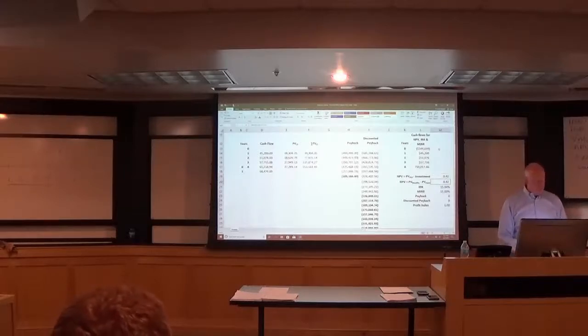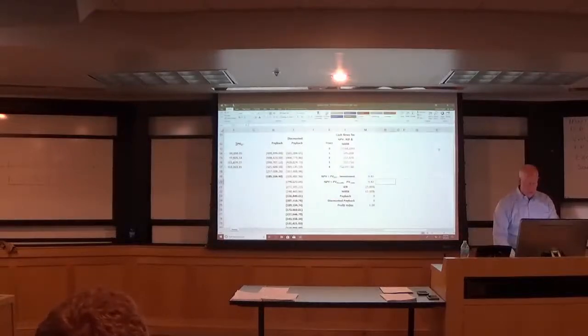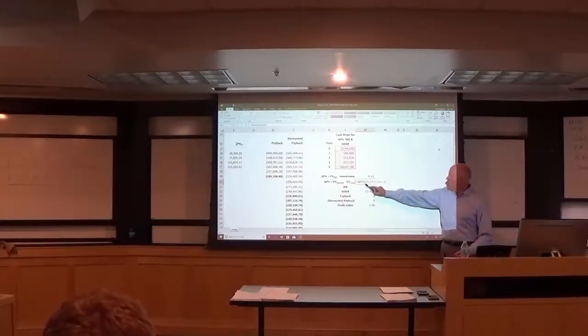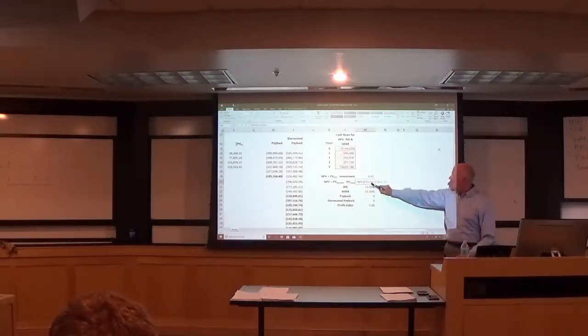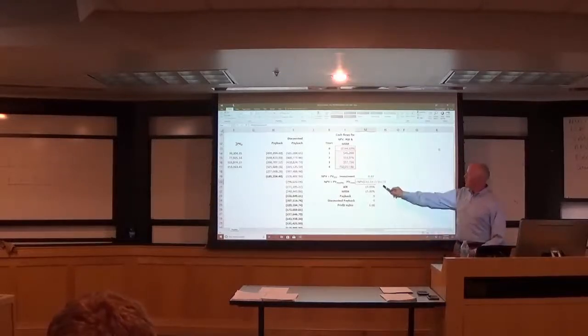But the other way to do it is through the function. Let me move this over a little bit so you can see that whole equation. Net present value is equal to the discount rate, that's the first thing it wants, which I have up in cell E4, 0.15, comma, the string of values starting at year 1 and going as far as I have them, which is year 4, close the parenthesis.